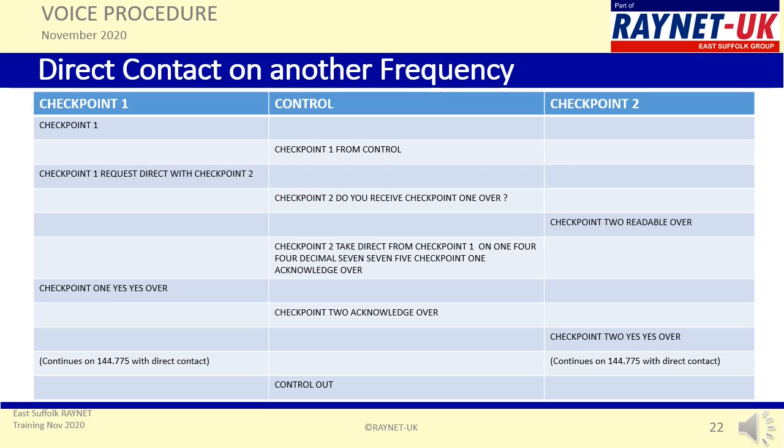Checkpoint 2 reports that they can, and checkpoint 2 is then instructed by control to take direct contact from checkpoint 1 on a specific frequency, which is acknowledged by checkpoint 1 and checkpoint 2, after which they can continue on their own frequency, and control can release the channel for other stations to call in by saying "control out".